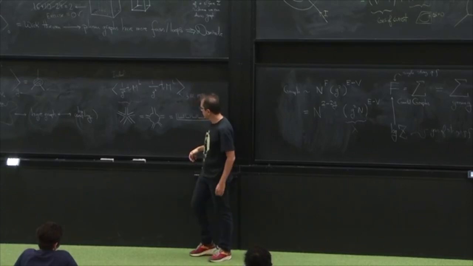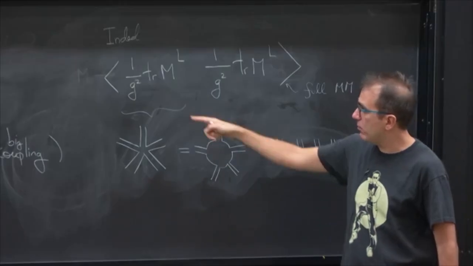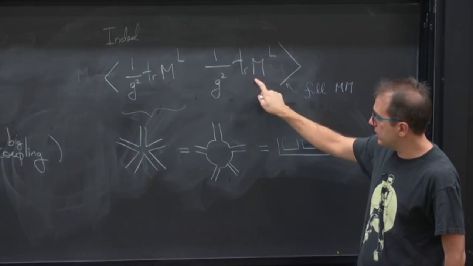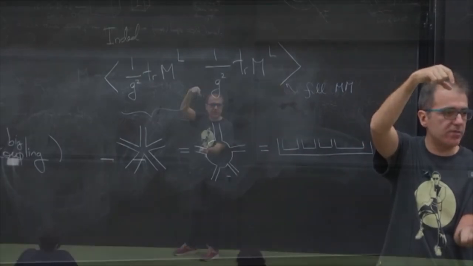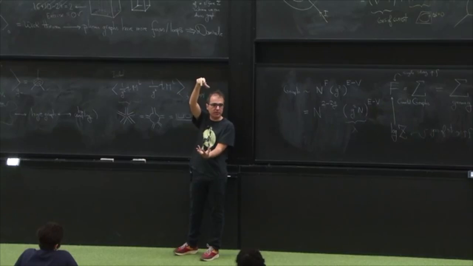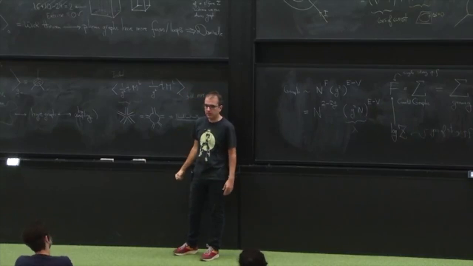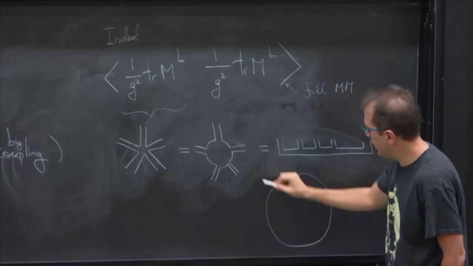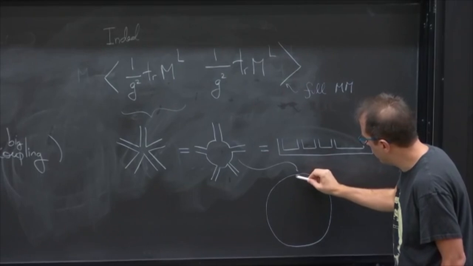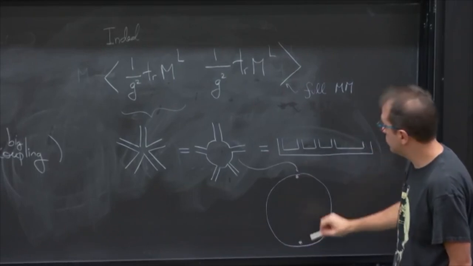So let's make that manifest. So let's use a representation like this for our first operator, and a similar representation for our second operator like this. And let's draw it, instead of putting the 1 point in the north pole of the sphere and 1 at the south pole, let's open up the sphere and make it into a cylinder. Did you get what I'm doing? So I have a sphere, and I put one of these guys at the north pole. At the south pole, I choose to put the other guy.